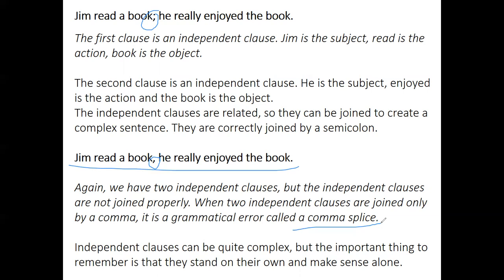Okay, so independent clauses can be joined. It can be quite complex. But the important thing in here is to remember that they can stand on their own and make sense alone. Okay, so I hope everyone got it. I know that there is a lot of background knowledge, prior knowledge about the independent clause and dependent clause.